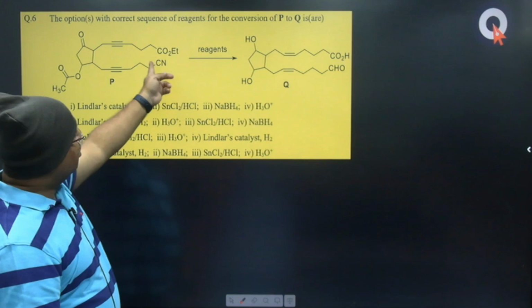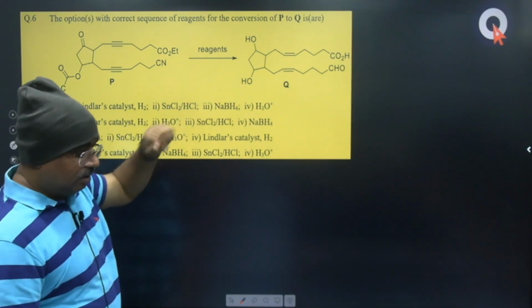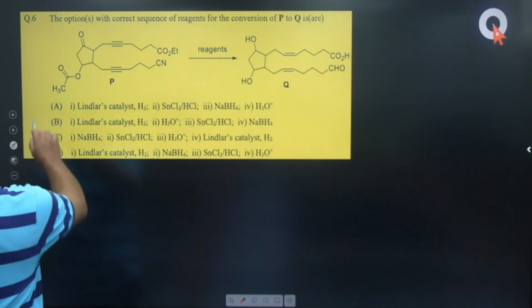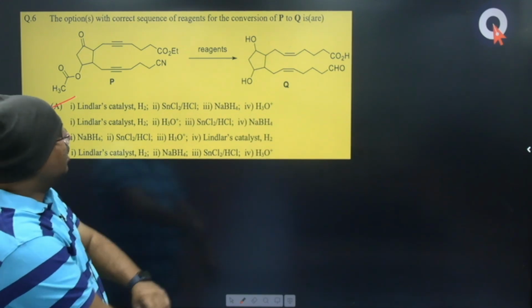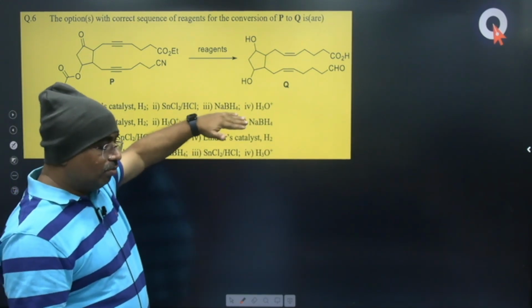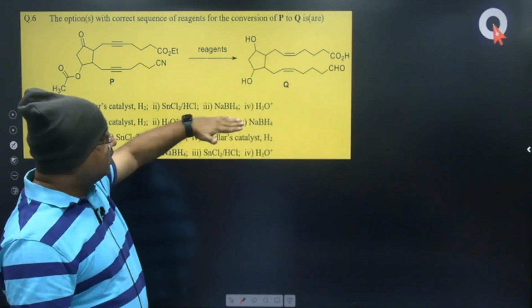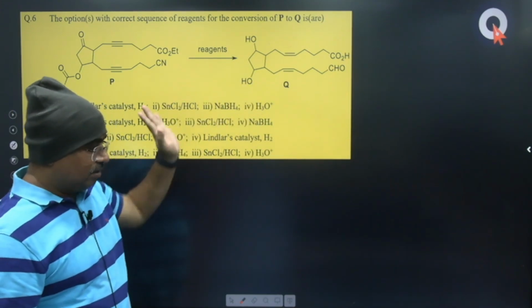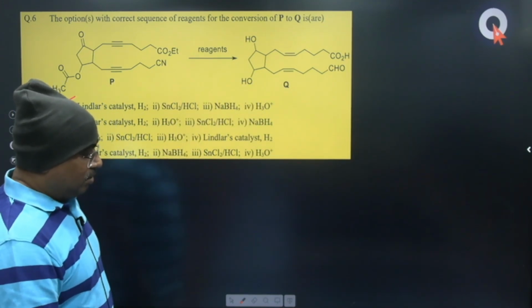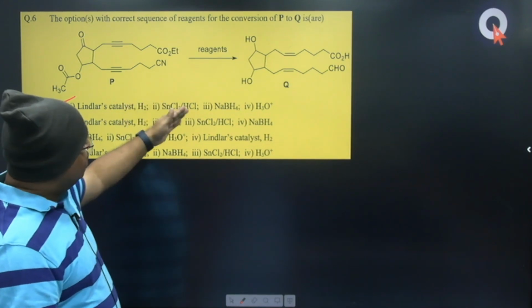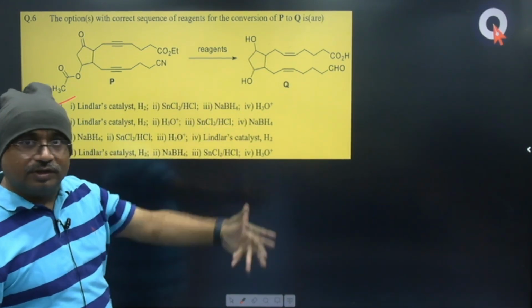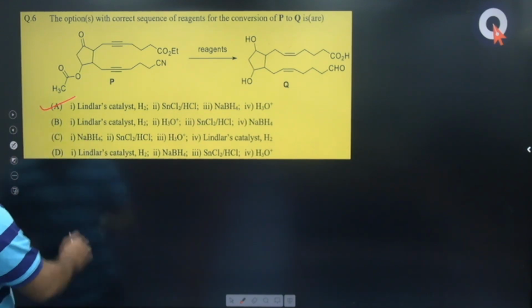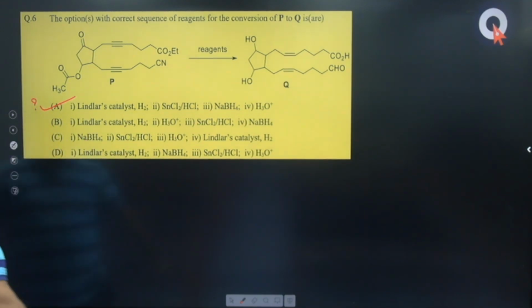Then hydrolysis of imines can happen to form aldehyde. So this can be correct. But maybe there is a possibility that imines can be reduced by sodium borohydride. Then in that case, you cannot get that. Okay? But if this is already reduced, then sodium borohydride can reduce imines. So that one option is there. This is again a doubtful case at first.